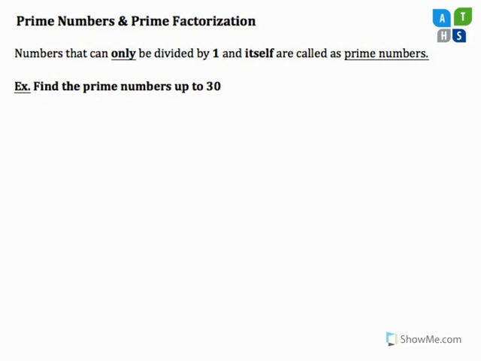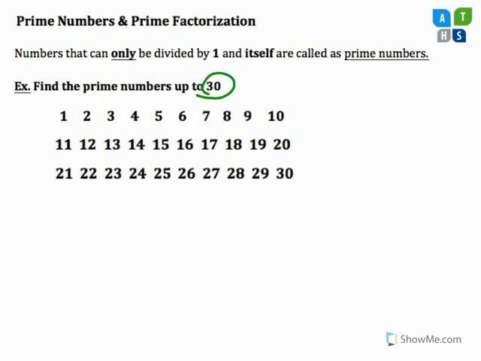Okay, let's go on with this example. Now we are going to find the prime numbers up to 30. Now let's have the numbers from 1 to 30. Okay, let's start. Now 1 is not a prime number because it is in the definition of prime numbers.